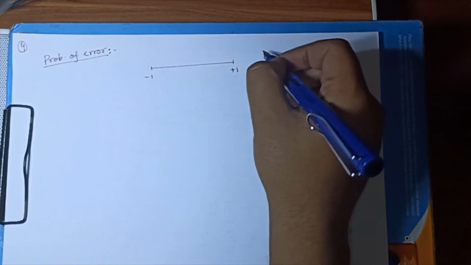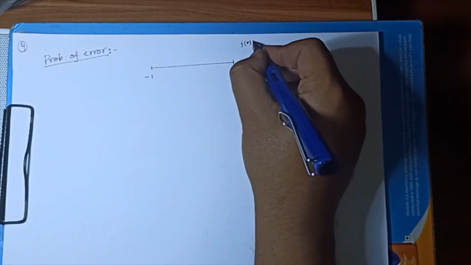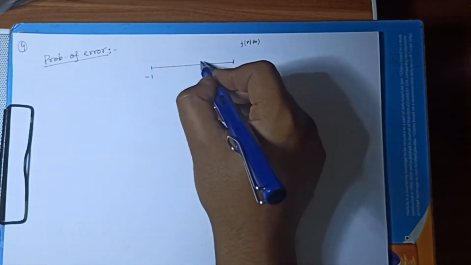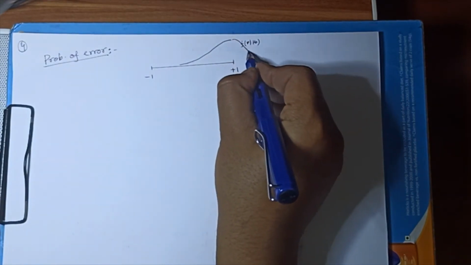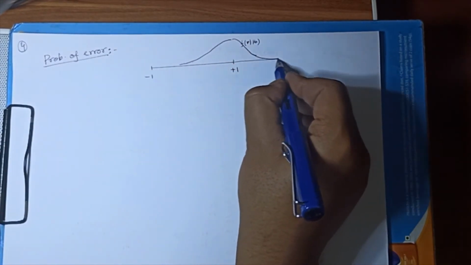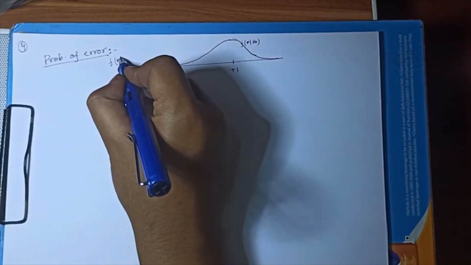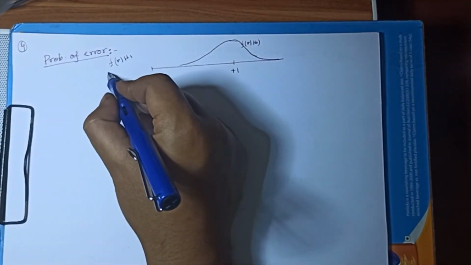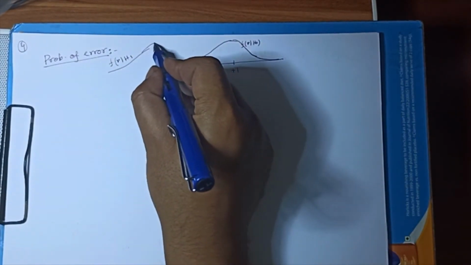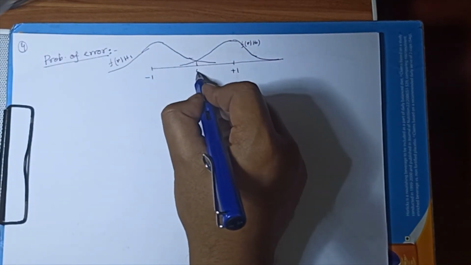So what is your f of r given h0? That is basically this Gaussian kernel, and your f of r given h1 is the Gaussian here, and this is your 0 point.